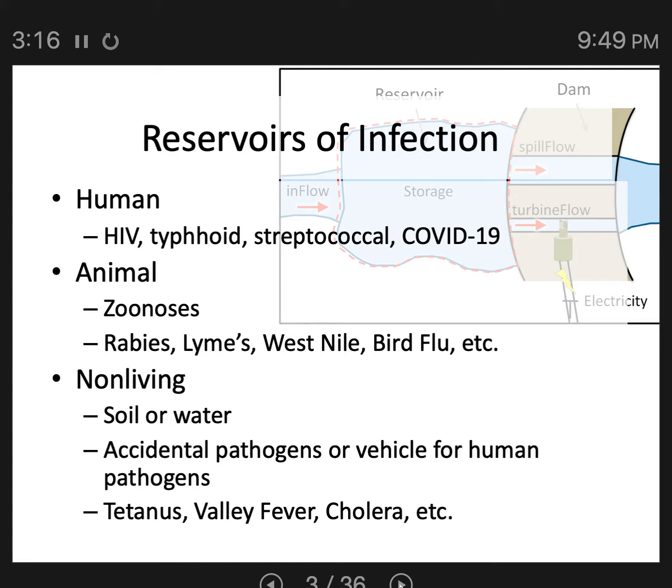Sometimes human pathogens can be transmitted through something like water, and so water may be a reservoir for a human disease. So these reservoirs can be sort of confusing because when we're talking about something like cholera that spends a lot of time in people but also a lot of time in the water, we think, is it a human reservoir or a non-living reservoir?